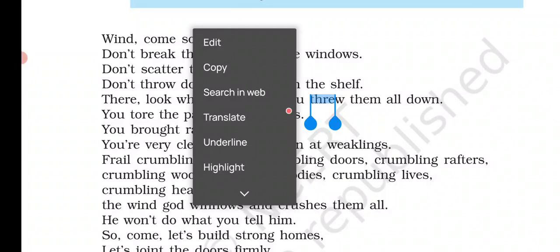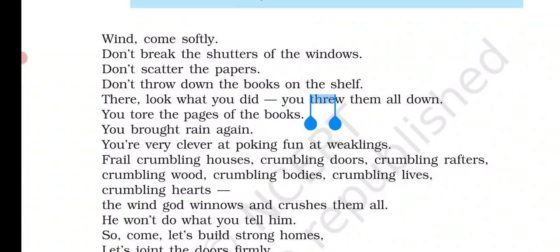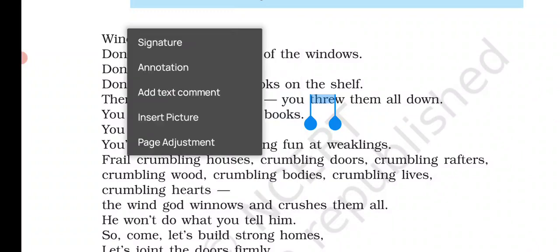So it is an example of personification because wind has been personified. It has been portrayed as a destructive force of weak things, and you will also see the poet has used pronouns like he, you for the wind. So it is an example of what? It is an example of personification.